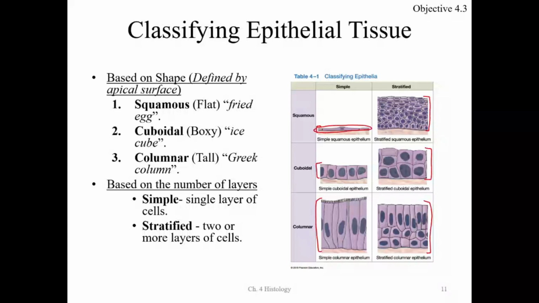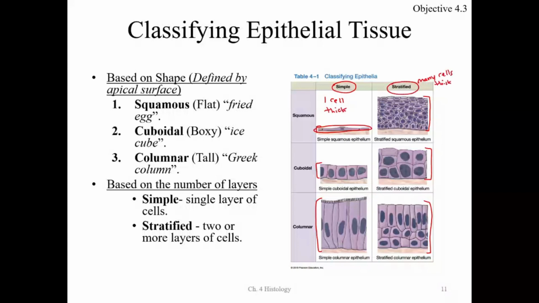One cell thick is called simple. Stratified is many cells thick.